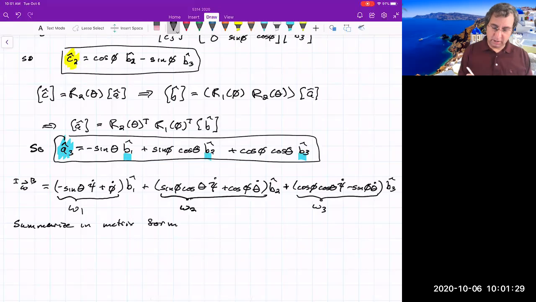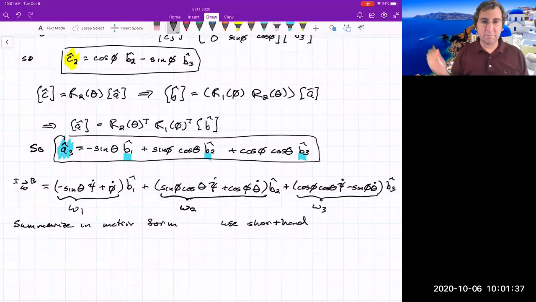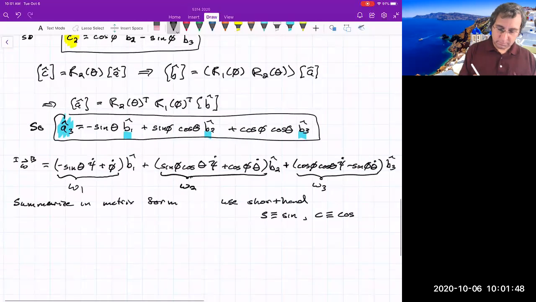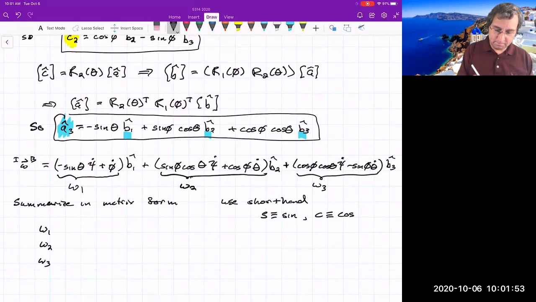And I'm going to use shorthand because it gets tiring to write sine and cosine. So I'll just use S, and by S, I mean sine. And by C, I'll define that to be cosine. So we've got omega 1, omega 2, omega 3.